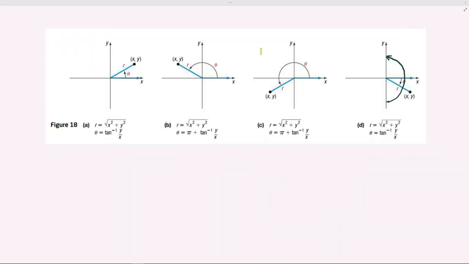Okay, here's a nice summary of what's happening when we're finding the polar coordinates for rectangular coordinates. If I'm in quadrant 1, as in this example here, I'm going to take and find my theta directly by the inverse tangent. No change is necessary. And this is all because the inverse tangent is defined between -pi/2 and pi/2.